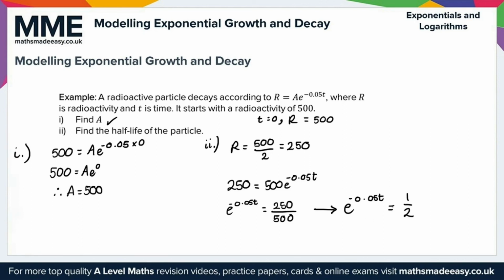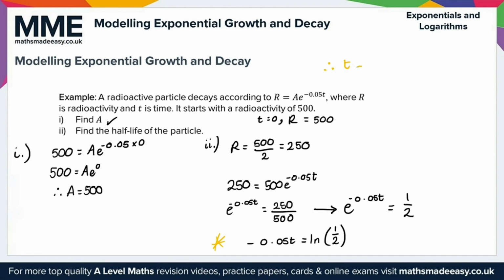So here now, if we take the natural logarithm of both sides of this equation, what I get then is minus 0.05t is equal to the natural logarithm of a half. And remember we're just looking for t, so to find t, we just need to divide by minus 0.05.